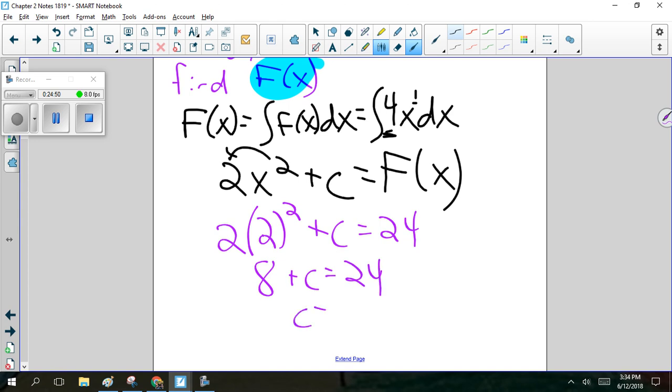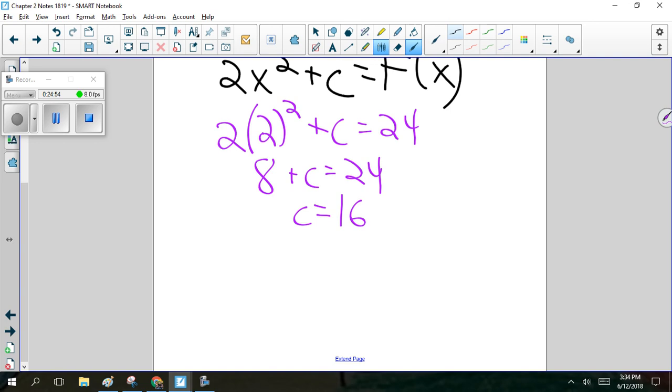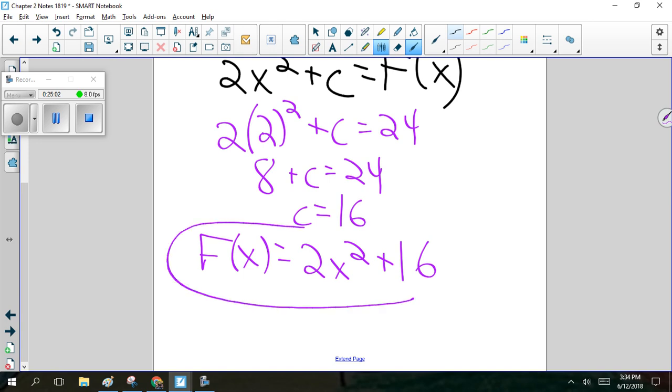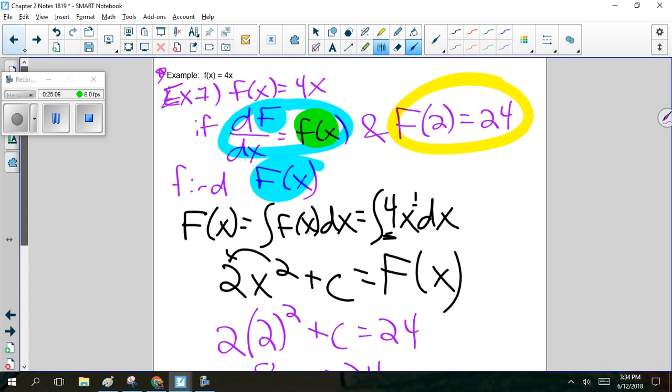It looks like c is 16. So f of x is 2x squared plus 16. And notice, if I take the derivative of this, I do, in fact, get 4x. Okay? So that's one example. That was an indefinite integral.